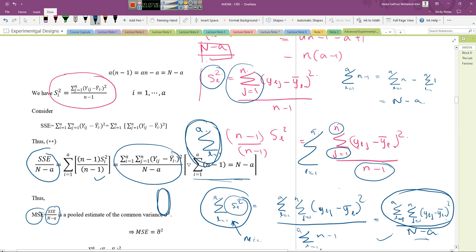Now this is the mean square error, right?